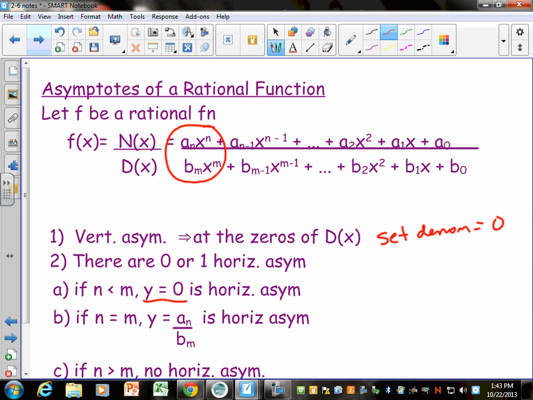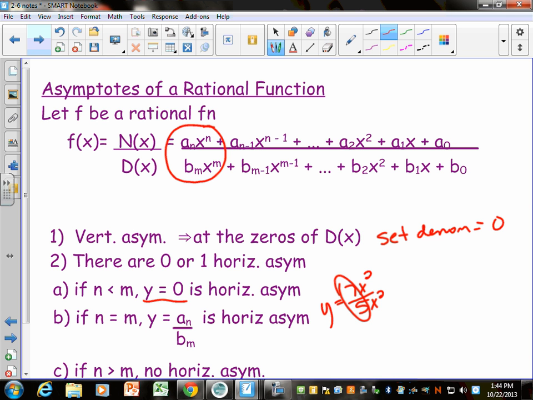So if you had y equals 7x squared over 5x squared, those are the same degree, so your horizontal asymptote would be the line y equals 7/5, which isn't really that pretty to graph, but it would be the asymptote. And if the numerator degree is bigger than the denominator degree, there is no horizontal asymptote.